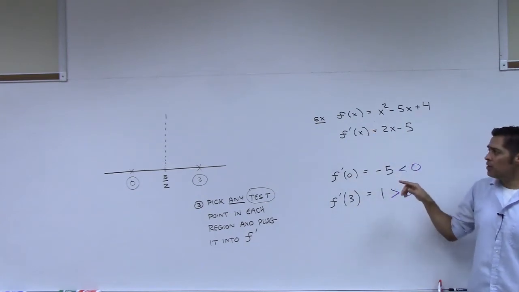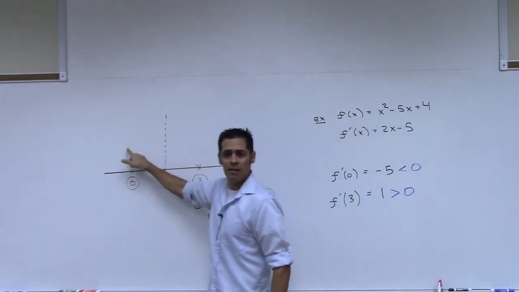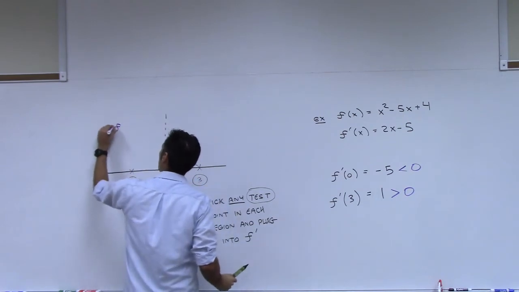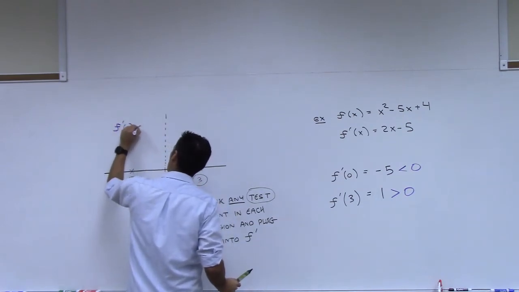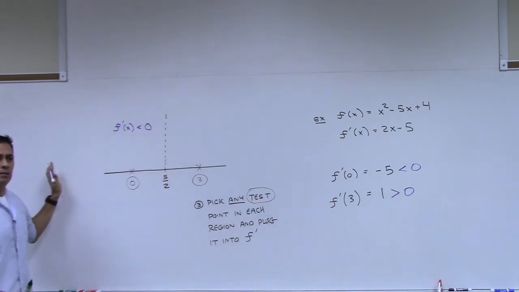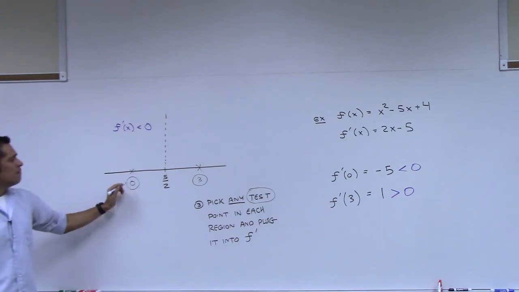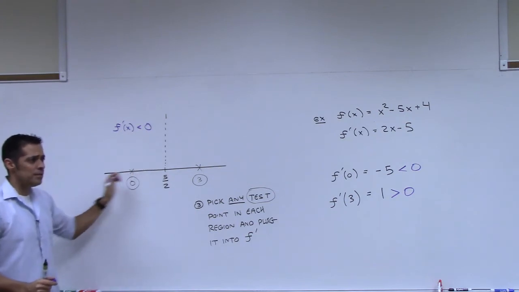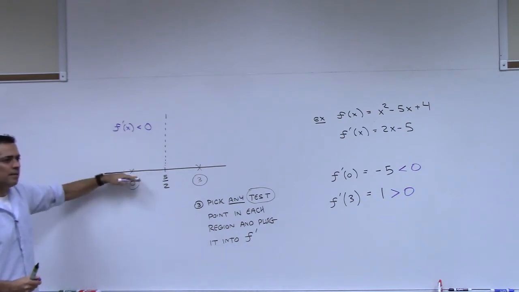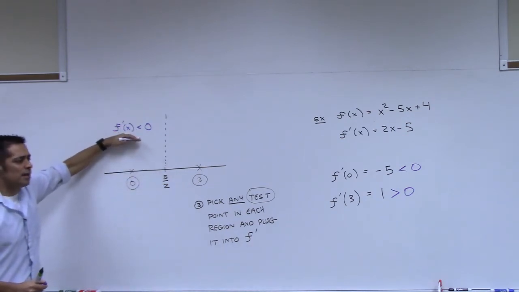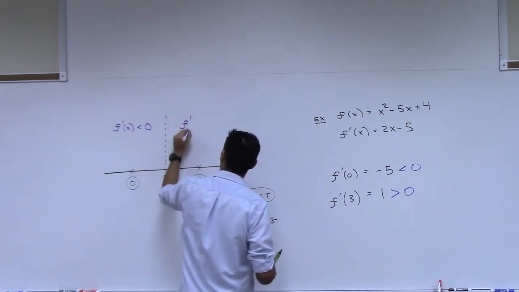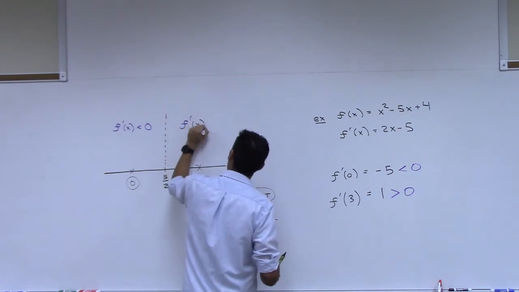So I'm going to write down that the derivative over here is negative. And that goes for any number I plug in here. I only have to test 1 point, but if you pick any other points, it will still be negative. It'll be a different negative number, but it'll be negative. So the derivative is negative over here. What is the derivative over here? It's positive. The derivative over here is positive.